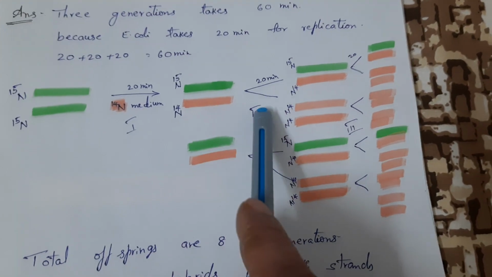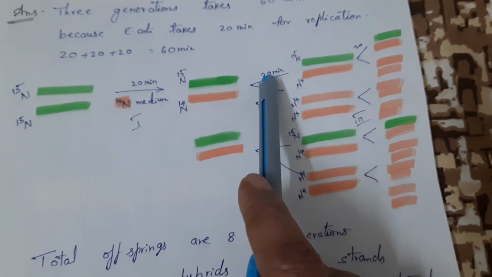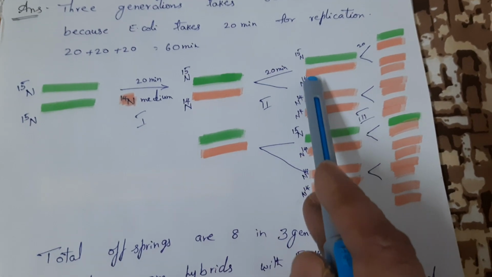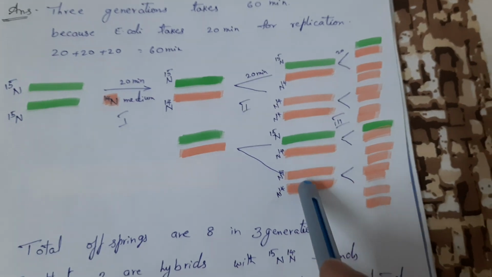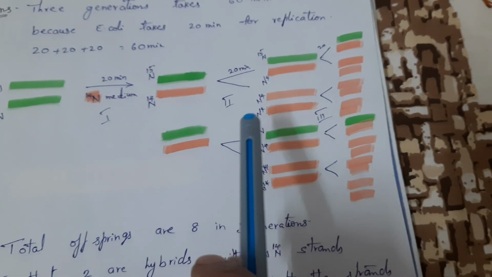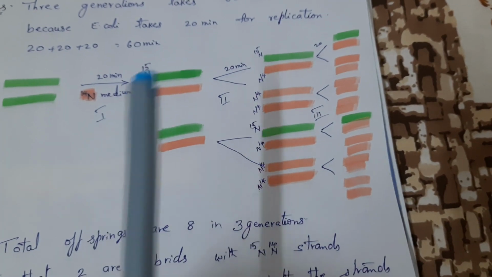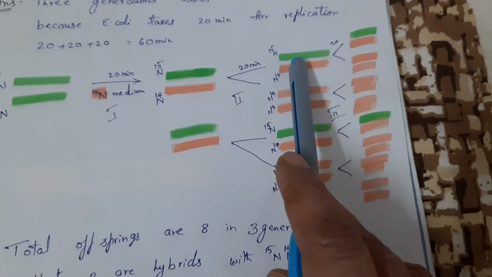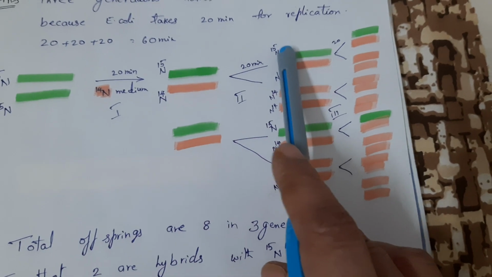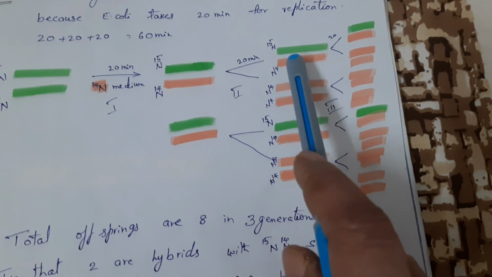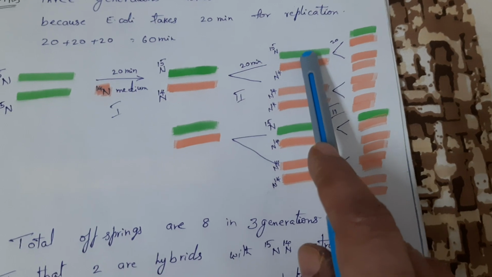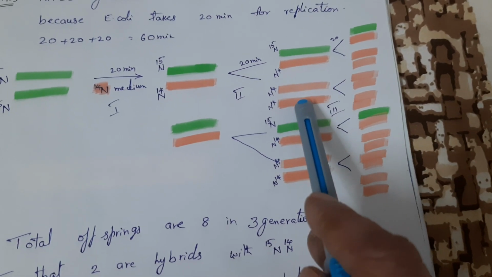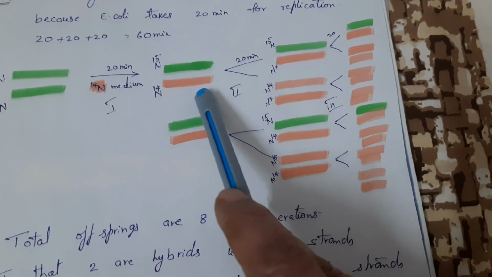Again the second generation, that is again 20 minutes. From this organism we are getting 2 offsprings, and from this organism we are getting 2 offsprings. That means total 4 offsprings we can expect. Here one strand N15 separates, N14 separates. This N15 will make a new strand with the culture medium, that is N14, and here already one N14 is there from the parent.